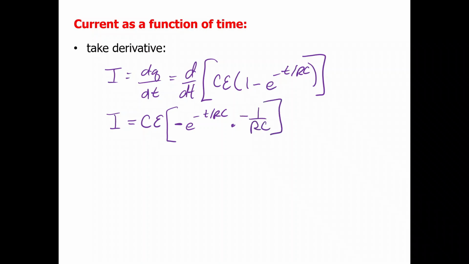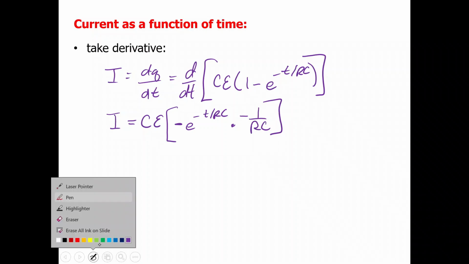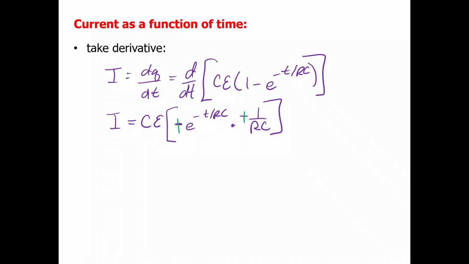So those negatives are going to cancel. Then I can simplify that. It's all multiplication or division, so the C on the bottom cancels the C in front. And what I get is E over R, e to the minus t over RC. And that is going to be my current as a function of time.